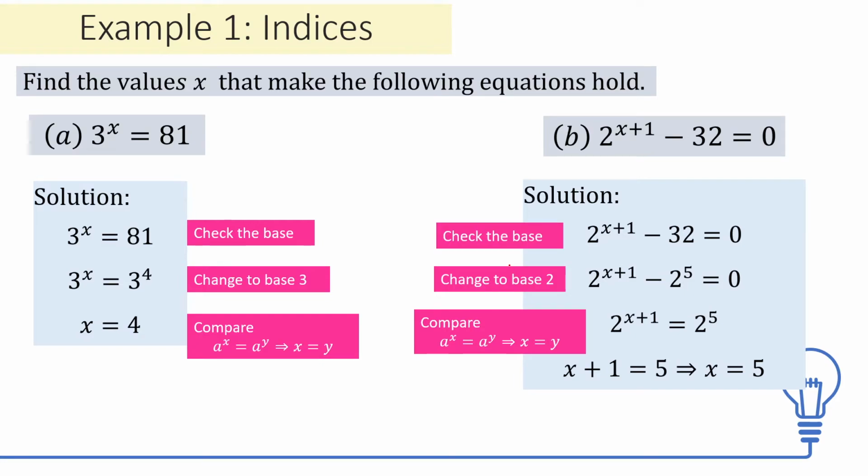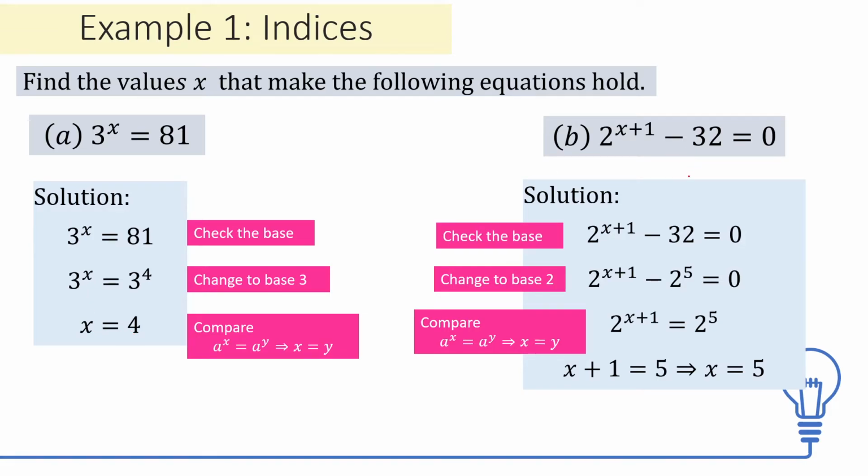The first one is the first type. You only need to change the base. Because this is base 3, 81 is still able to change to base 3, so I change it to 3 to the power of 4. When my bases are similar, our exponents must be the same, so x equals 4.